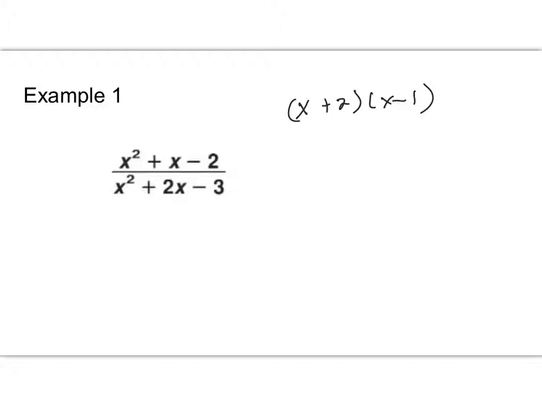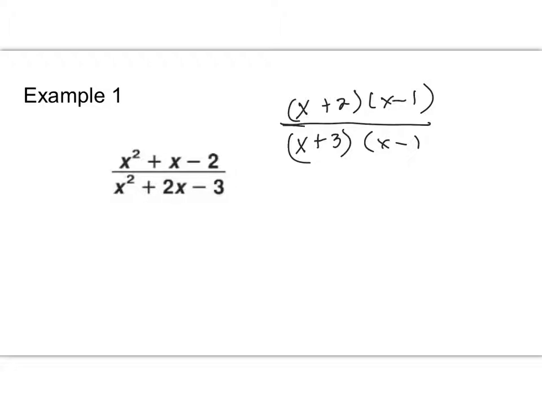If you don't believe me, go ahead and FOIL that out and check it for yourself. And then in the denominator, that factors into x plus 3 times x minus 1.